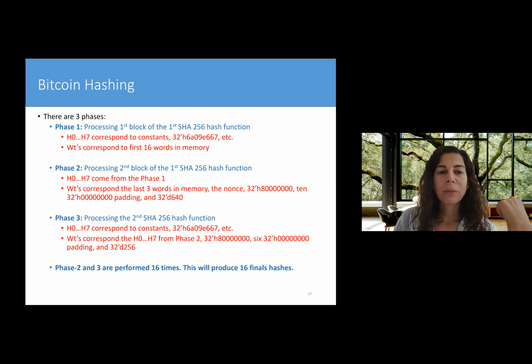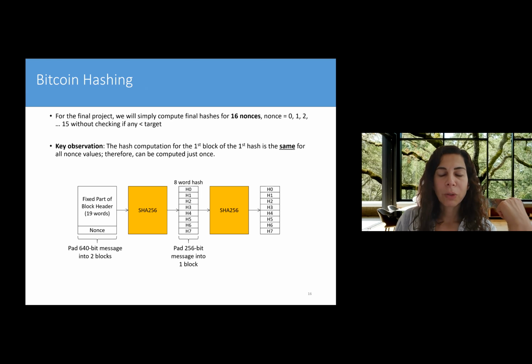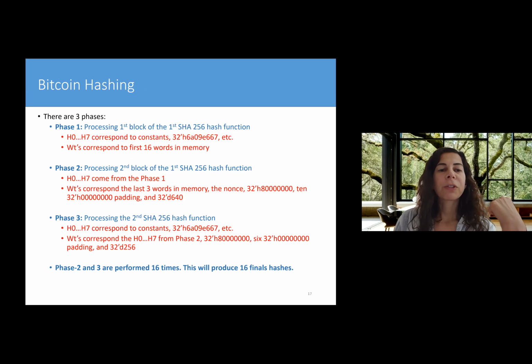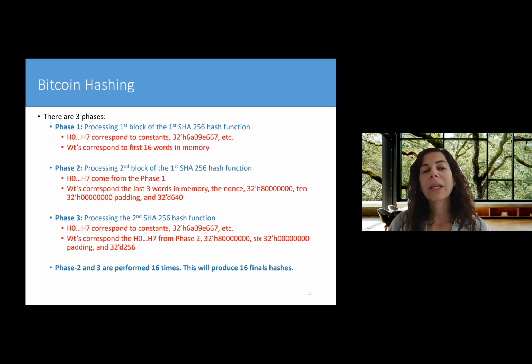Based on this, we are going to divide this computation into 3 phases. The first phase is that we take the first block of the first SHA-256 hash function, and we take the constants as the initial values of the hash.